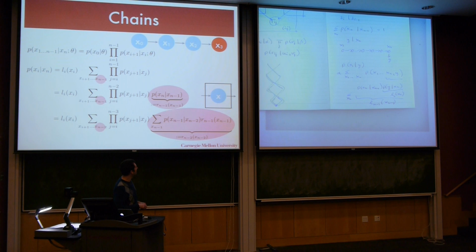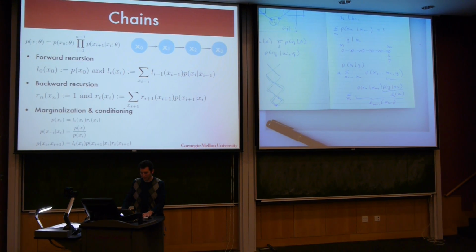But it's the same algebra that we had before. The only thing is that now, rather than multiplying with this transition matrix pi, we have to multiply with pi transposed, and we start from the right hand side. Don't worry, we'll go through that in a specific example.